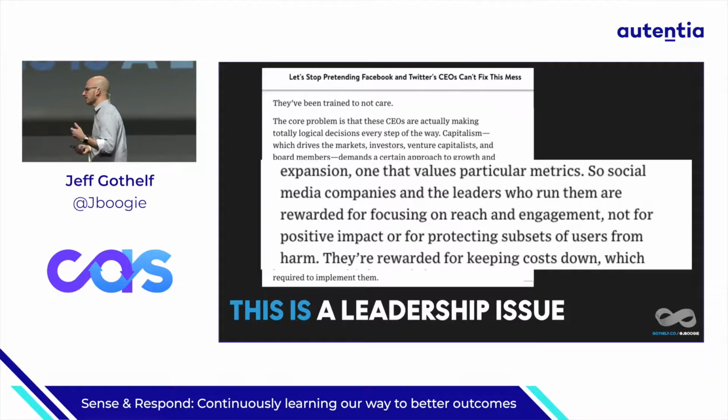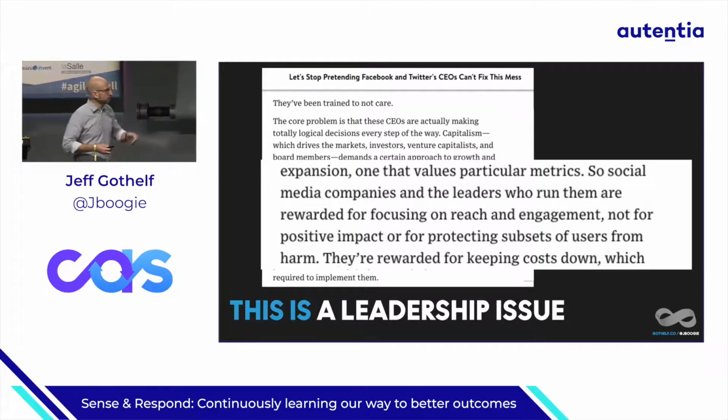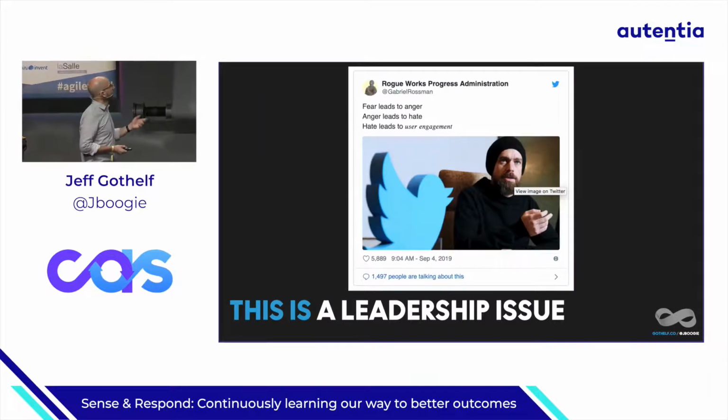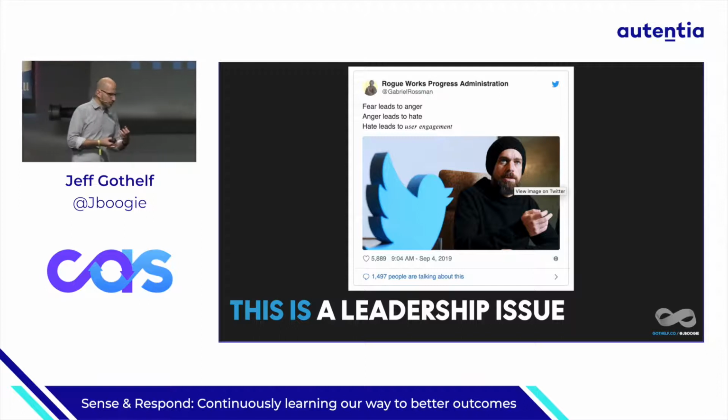The VCs of the world, the stock markets of the world are incentivizing our leaders to keep costs down, to drive up efficiencies, and whatever that means to them, right? And the reality is this: if we don't pay attention to what drives the engagement, the usage, the efficiency that we're looking for, we're going to amplify many of these negative real-world consequences.